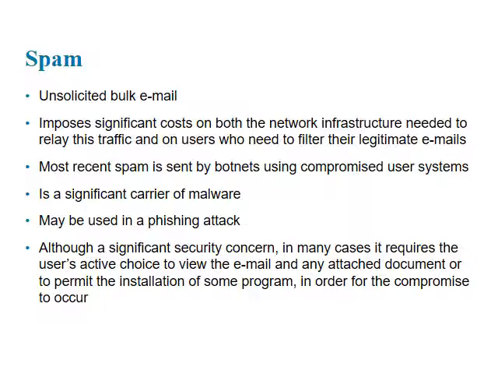And then we have spam. What is spam? Most of you know already, right? This is unsolicited bulk email. Normally they use spam email to launch another attack. It imposes significant cost on the network infrastructure, because it needs to relay this traffic, and on users, who need to filter their legitimate email.